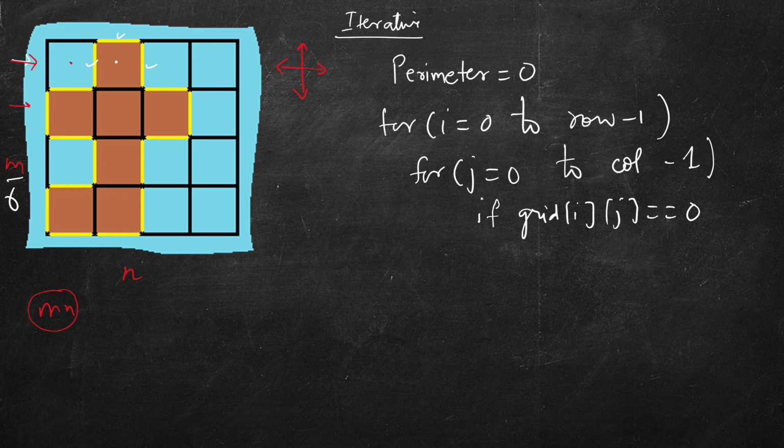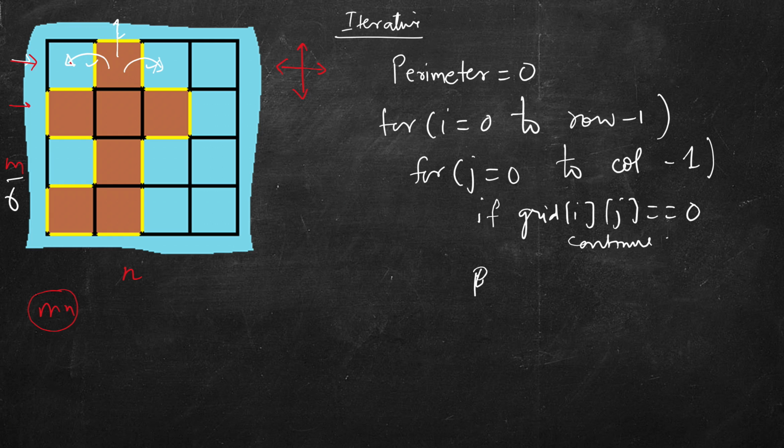Only when we find a land, we look at its sides. Otherwise continue, don't process it. Else, you can do multiple things. You will first add a bound check that i is greater than 0, then see whether i minus 1, exactly the left cell, is water or not. If it's water, add 1 to perimeter. Look at its right. If it's water, add 1 to perimeter. Similarly, look at all the 4 neighbors.